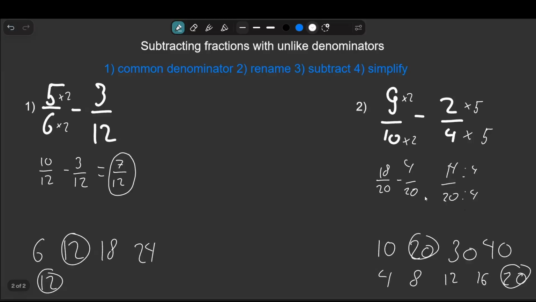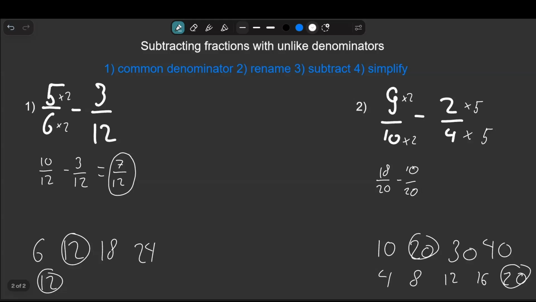I just saw I made a mistake while making the fractions. I times the 9 by 2, but I also have to times the numerator by 5. People often make this mistake, and it's pretty common, but if you can see it, it's not a problem.